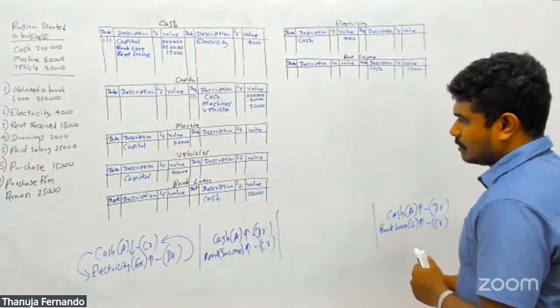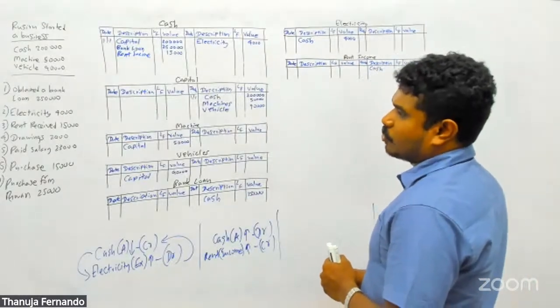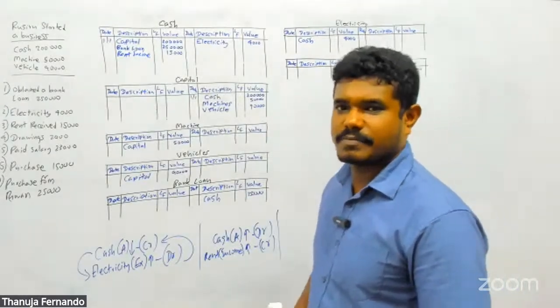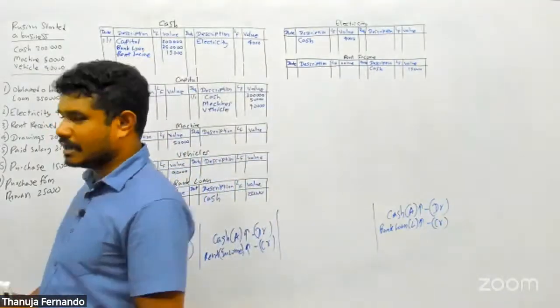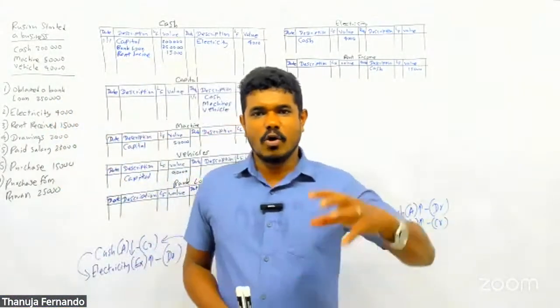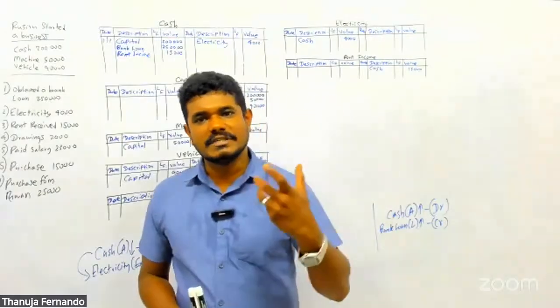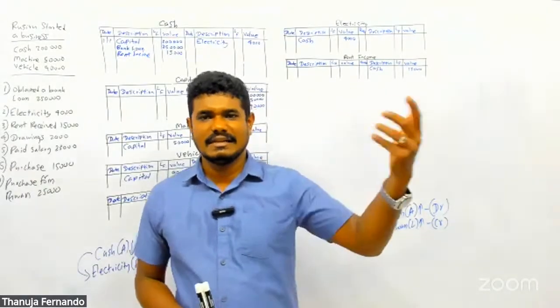Right. Okay. Drawings. There are two types of drawings. Drawing means the owner takes something from the business for his or her personal consumption.